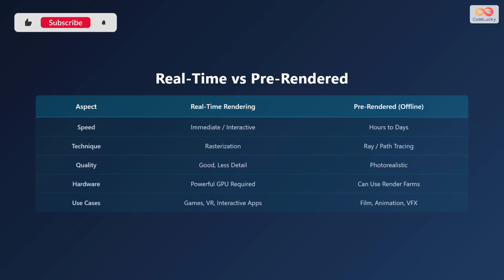Offline rendering is used for films, animations, and visual effects where quality is more important than speed. Real-time rendering requires powerful GPUs, while offline rendering can use render farms to distribute the work. Real-time rendering offers good quality with less detail, while pre-rendered graphics achieve photorealistic results.